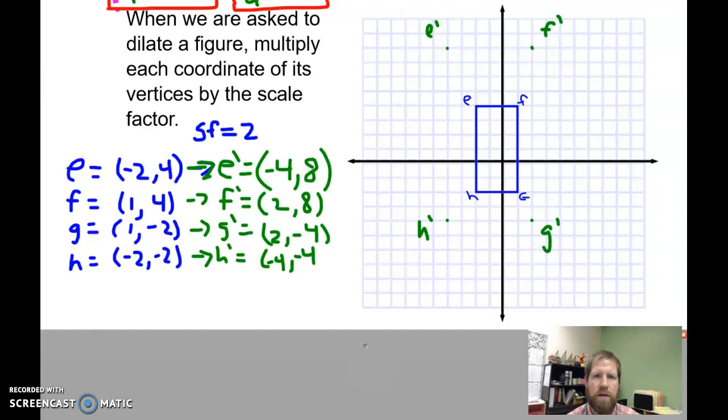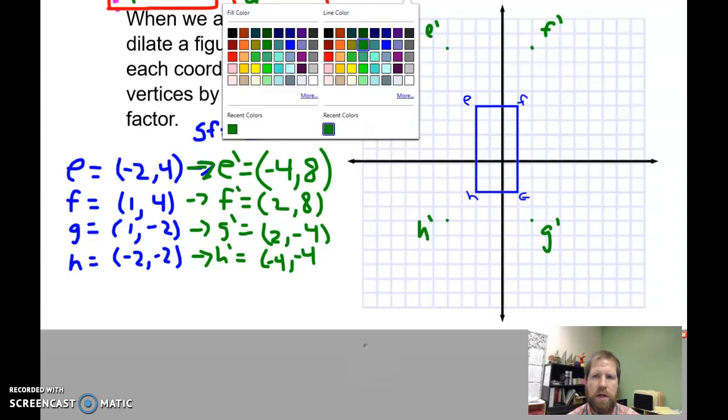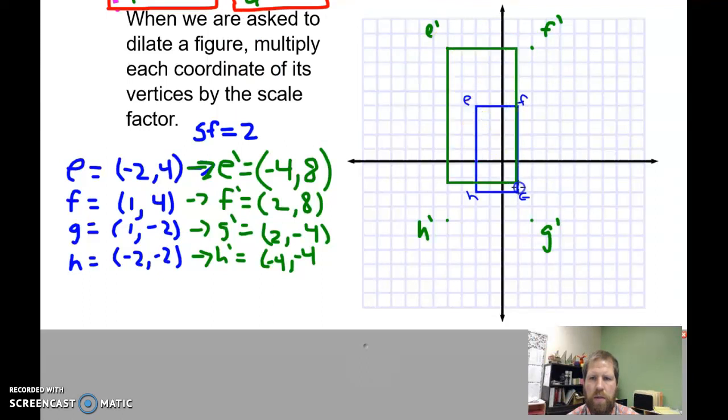And if I wanted to, I could connect these and draw my new figure. So I've taken my original figure and dilated everything by 2, and you can see that when I use a scale factor that is larger than 1, my new figure is going to be farther away from my origin than my original.